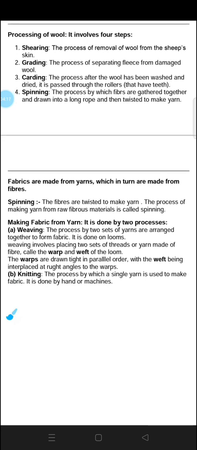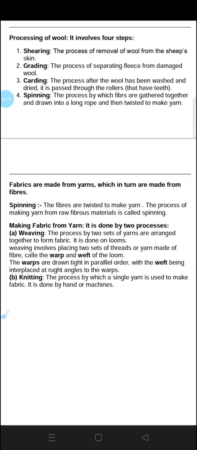Now next is processing of wool. How wool is prepared from the fleece of sheep. First one is shearing. The process of removal of wool from the sheep's skin. First of all, from the skin of the sheep, the wool is removed. That process is called shearing.